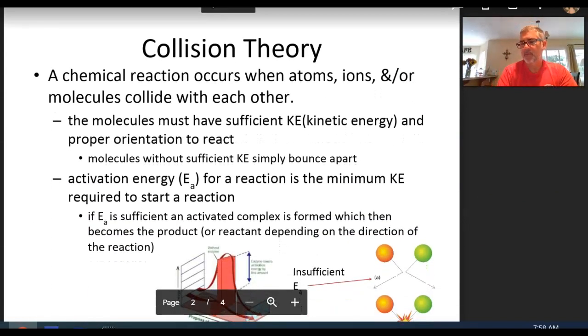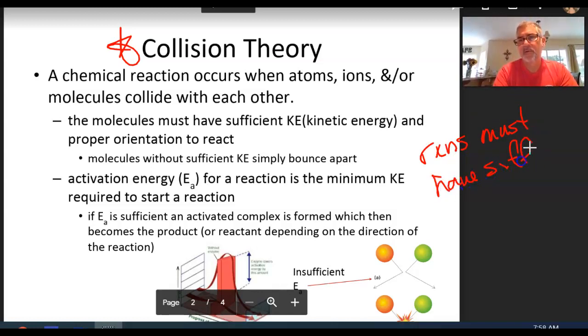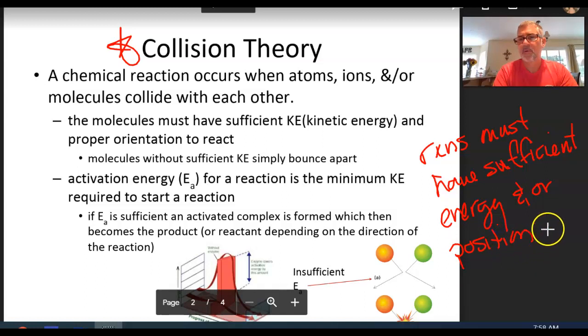All right, so before we can really learn anything, let's go over some things. So we have what's called collision theory. Collision theory, what this basically means is reactions must have sufficient energy or position to occur.